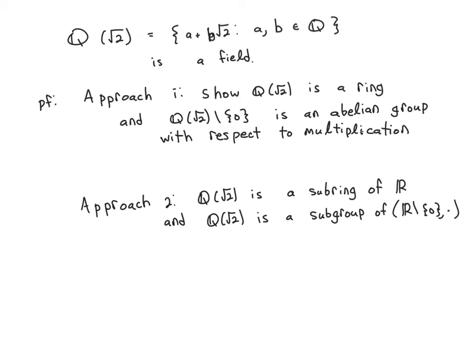So for this part, that's 4 axioms, because you have to prove associativity, commutativity, identity, and inverses.